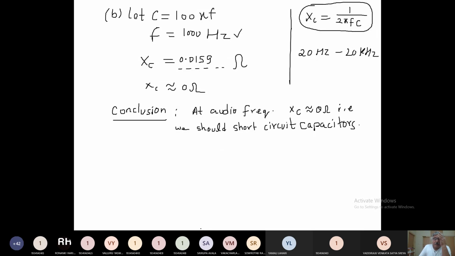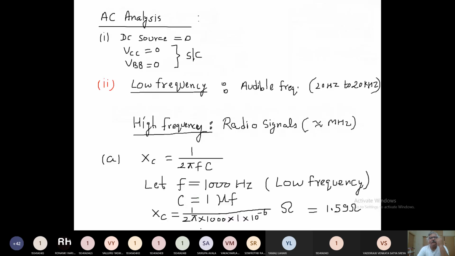Okay. So now when we are doing AC analysis, especially at the audio frequency, then whatever capacitors you are seeing in your circuit diagram, you have to short circuit those capacitors. That is point number 1. And point number 2, you see this point, the DC source we will make 0, right? DC source we will make it 0.